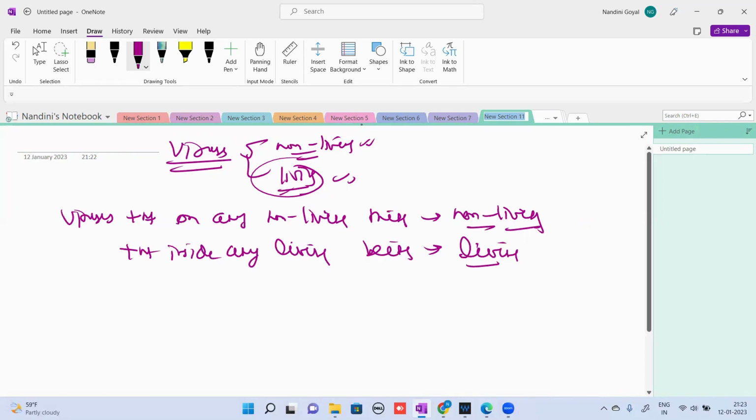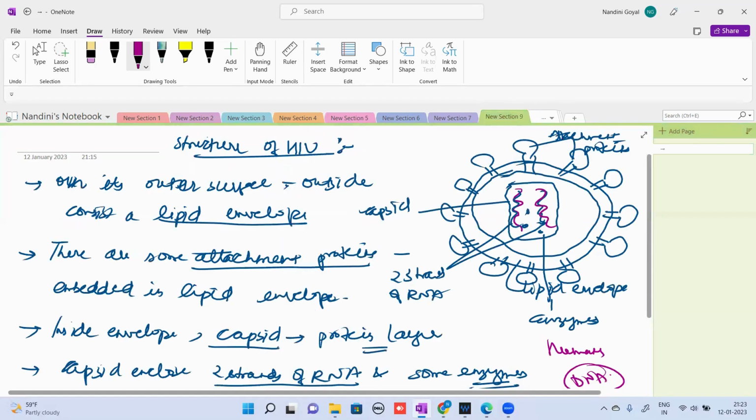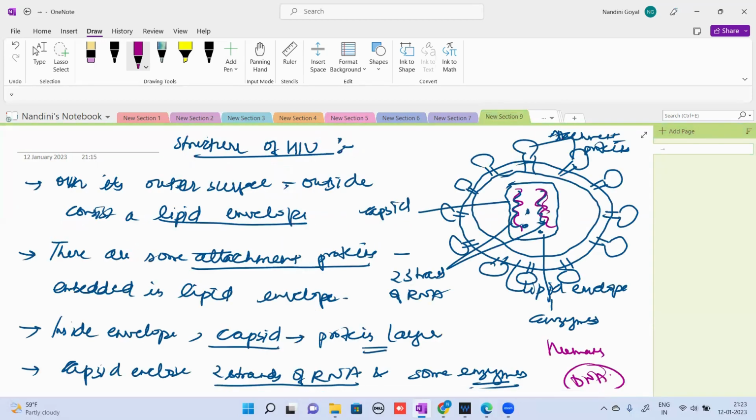How? See, as I told you, the viruses have only RNA, protein and lipid. There are no ribosomes. Ribosomes are needed for protein formation. There is nothing for their existence. There is no life process occurring in these viruses. They are non-living when they are present on any non-living thing.